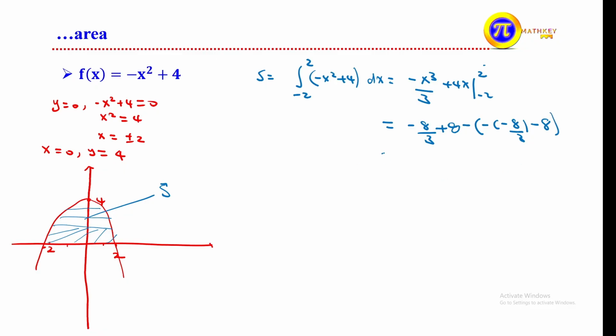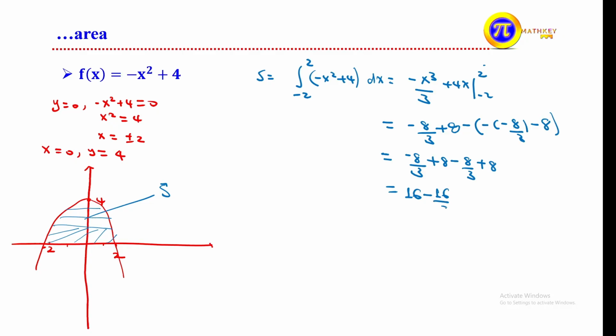Then the result is equal to negative 8 over 3 plus 8; the negative plus, multiplied by negative 1, becomes negative 8 over 3, and negative 1 times negative 8 becomes 8. What is the result? 8 plus 8 is 16, and minus 8 over 3 minus 8 over 3 becomes 16 over 3.